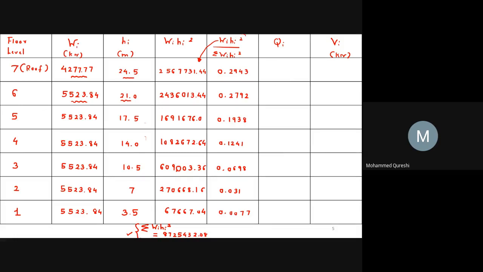Now we know that Qi equals to VB into Wi Hi square upon summation of Wi Hi square. So we have to multiply this column with VB to achieve this expression. So we had calculated earlier VB as 4483 kilo Newton.